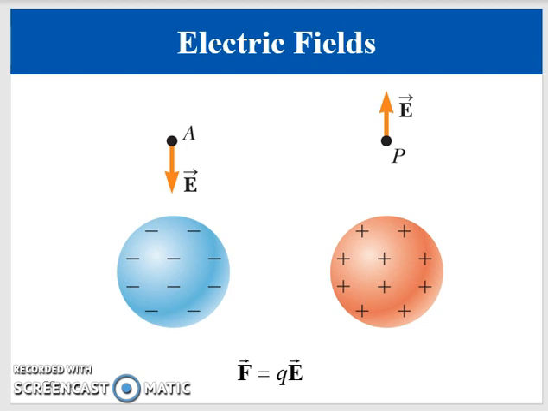Whereas if I look at point A, the electric field is going to be pointing toward the negatively charged sphere. So we define electric field lines to point away from sources of positive charge, and toward sources of negative charge. Another way of saying it would be that field lines originate from positive charges, and they terminate on negative charges.